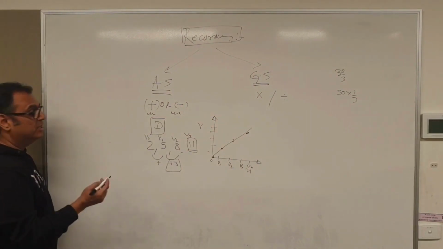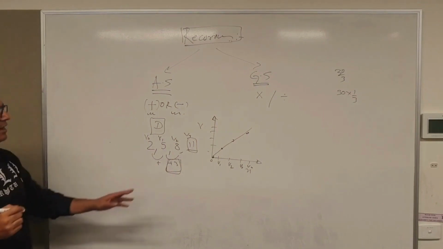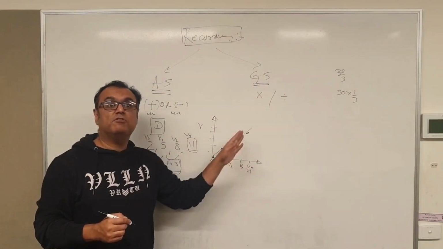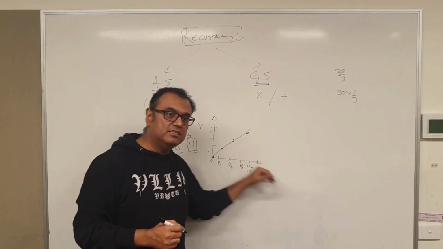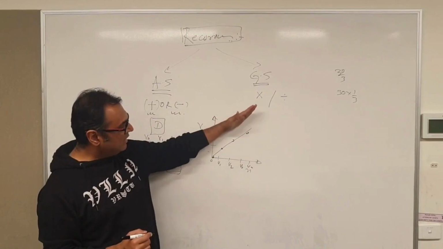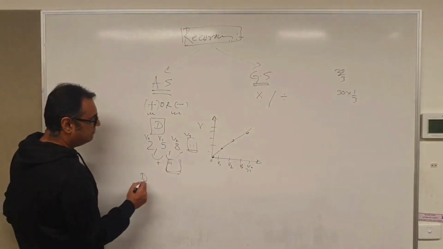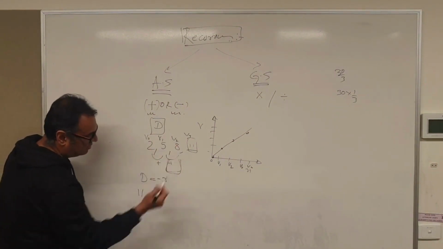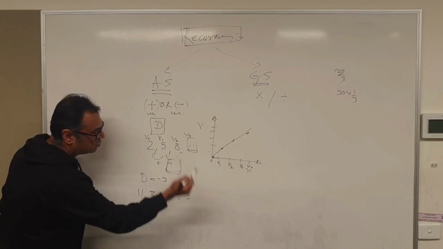Now, if your D is a positive number, the graph has a positive slope. And what do you mean by slope? Rise over run. That means as x increases, y increases. You'll have a line like this. And if your D is negative, let's say negative 3, your sequence could be 11, 8, 5, 2, and so on.